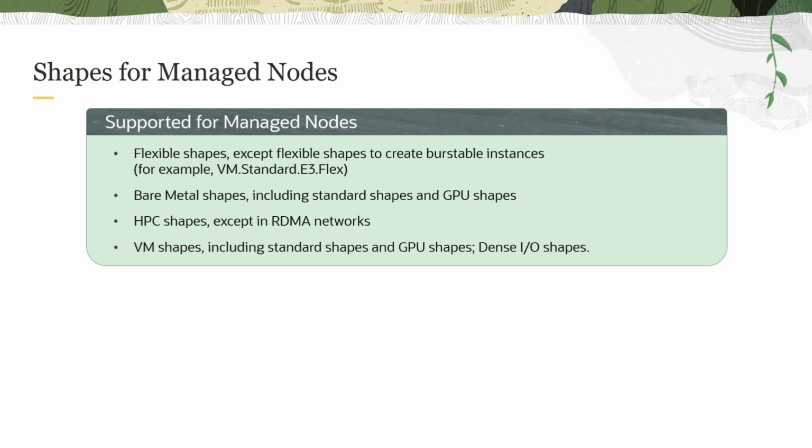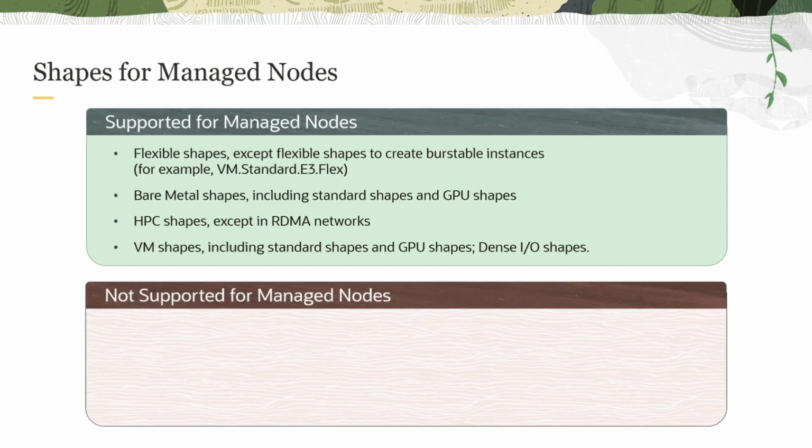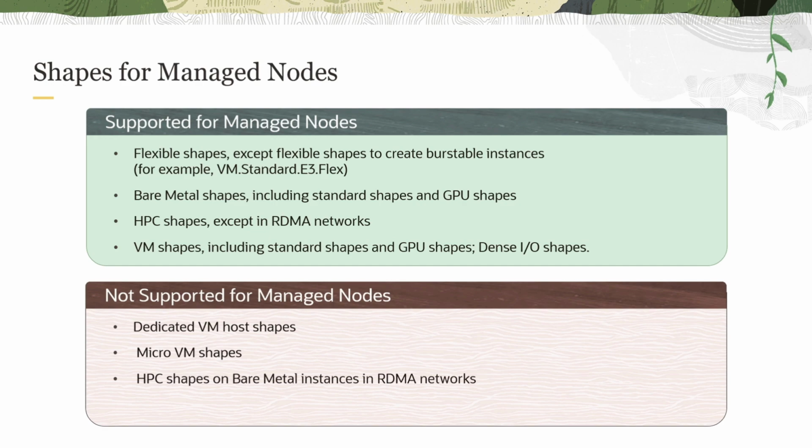VM shapes, which include standard shapes and GPU shapes along with dense IO shapes. However, there are some shapes that are not supported for managed nodes, and these include dedicated VM host shapes, micro VM shapes, HPC shapes on bare metal instances in RDMA networks, and flexible shapes designed for burstable instances such as VM.Standard.E3.Flex.